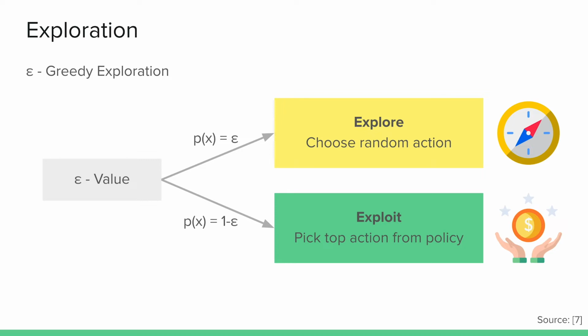You can say there is a certain probability epsilon with which I will go this path and just take a random action. The second path is to exploit the knowledge that you've already gained from previous learning phases, and say with a probability of 1 minus epsilon, we pick the top action of the policy.